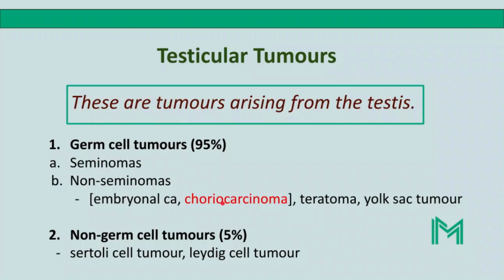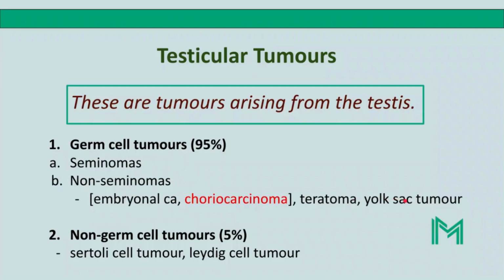So this case that we are discussing could be a classic case of a choriocarcinoma. In choriocarcinomas, usually you have high levels of beta HCG being produced. Then we also have the teratoma and the yolk sac tumor, which are commonly found in children. Teratoma, on the other hand, is more benign and is usually malignant when it appears in adults.